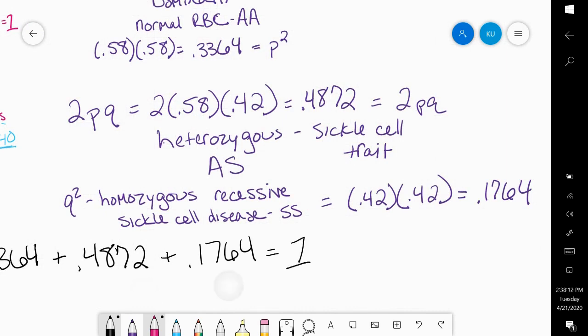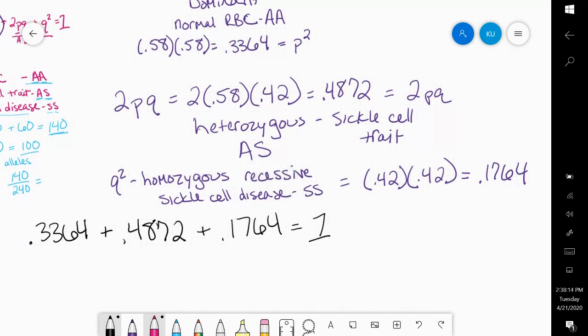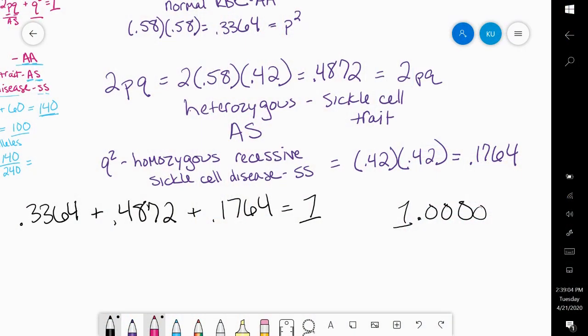And if it does not equal 1, then we did it wrong. And so it does equal 1. I didn't use the calculator because I added it in my head. And you can use a calculator to check my work if you want to, but it does add up. So that's what you would do.